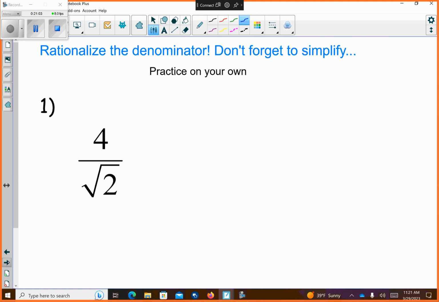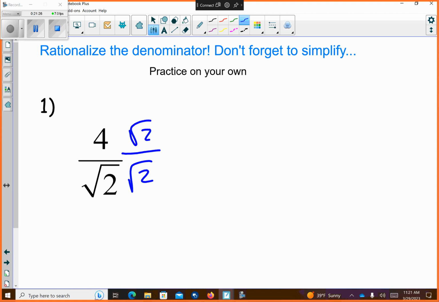All right. Friends, what do I do? What do you think? Times by root 2.